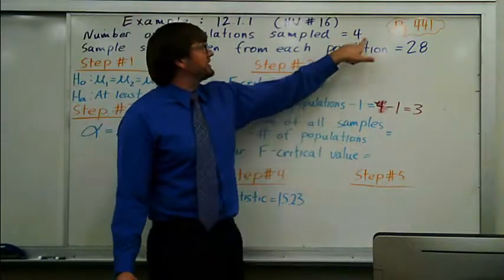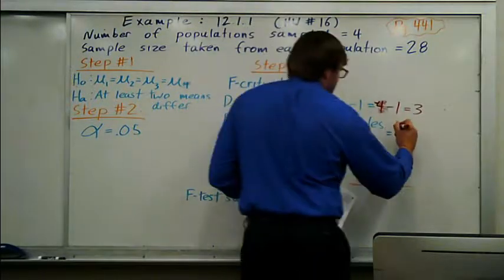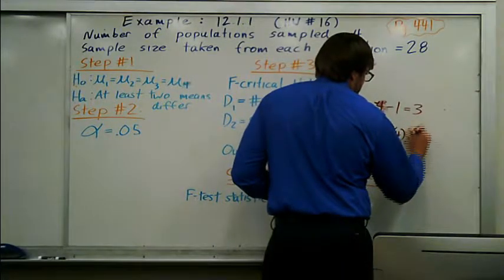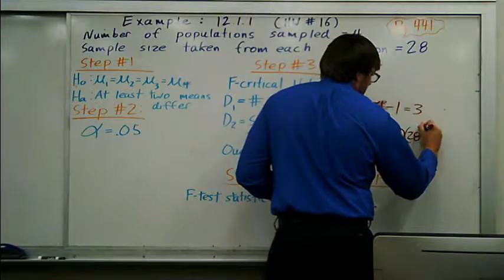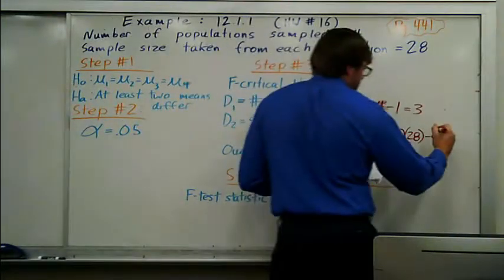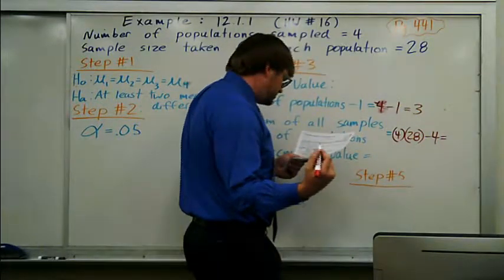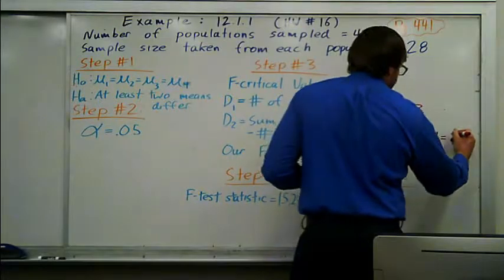The sum of all the samples, again, would be 4 samples of 28, so 4 times 28. Then subtract out the number of populations, again 4. And that comes out to be 108.